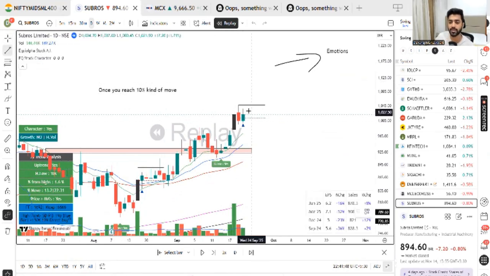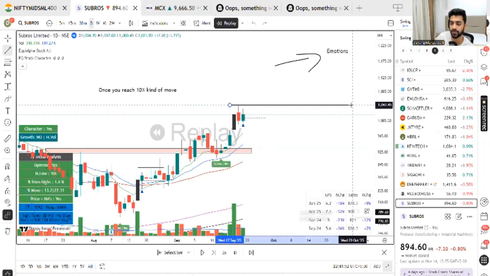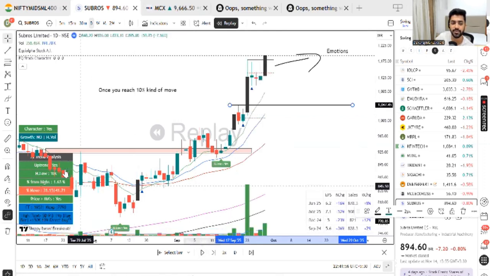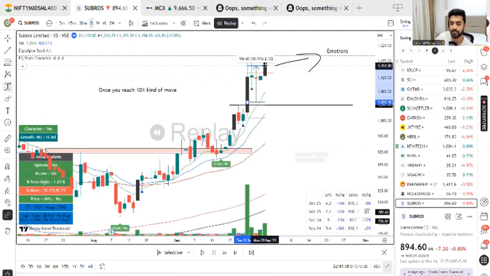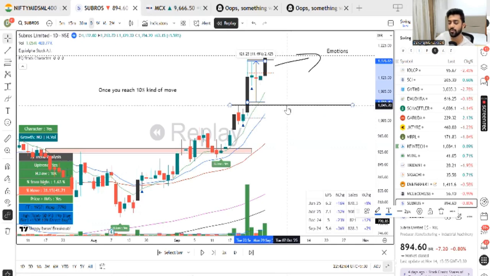Once the stock has reached 10%, this is my follow through level where I will plan entry. Once it has reached 10-11%, I typically don't want it to go below this. Even intraday, I don't want it to go below this. So that is now my worst case.